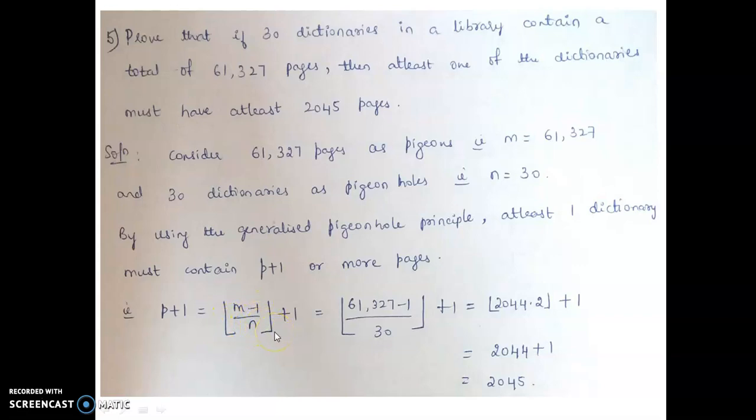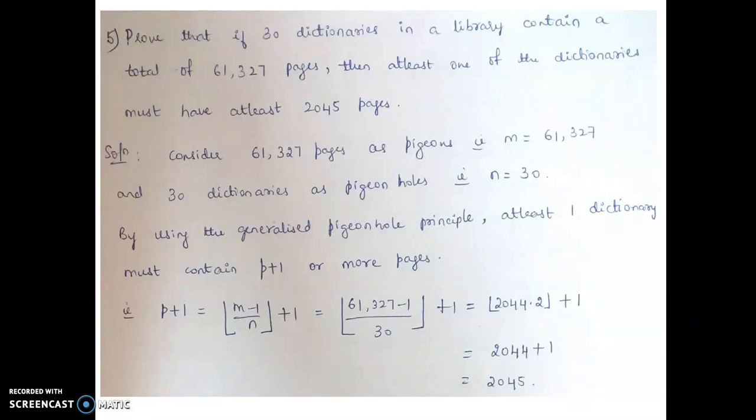So here the 1 comes over here, and 661,327 minus 1. So p is equal to this divided by 30, plus 1. So the same formula: (m minus 1) divided by n, plus 1.